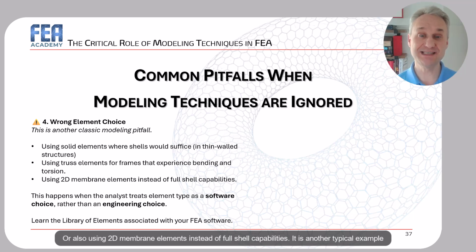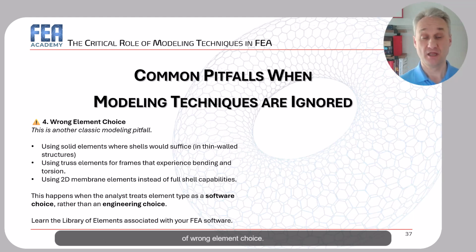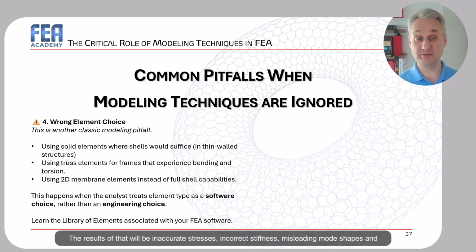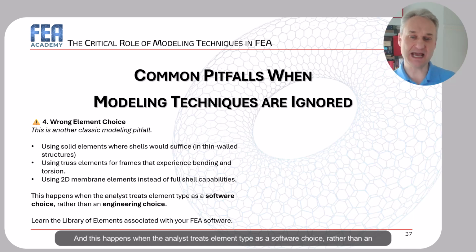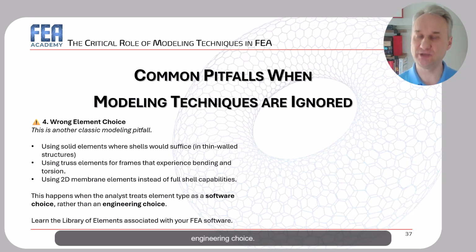Or also using 2D membrane elements instead of full shell capabilities. It is another typical example of wrong element choice. The results of that will be inaccurate stresses, incorrect stiffness, misleading mode shapes, and unreliable local deformations, for example. And this happens when the analyst treats element type as a software choice rather than an engineering choice.